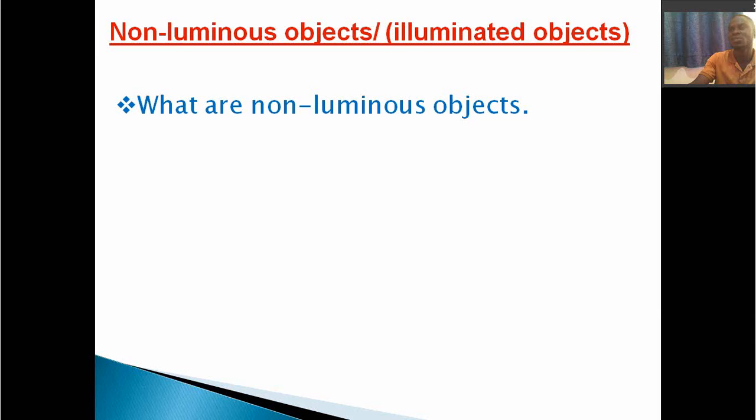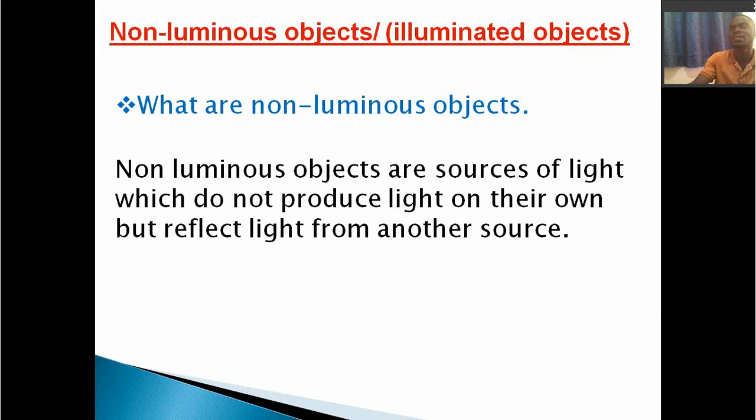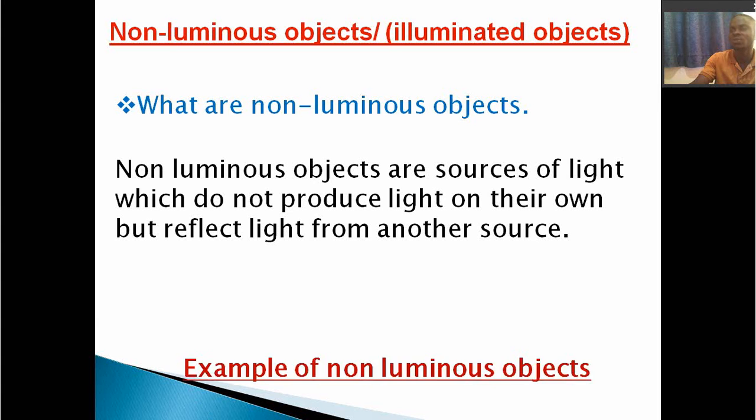What are non-luminous objects? Non-luminous objects are sources of light which do not produce light on their own but reflect light from other sources.